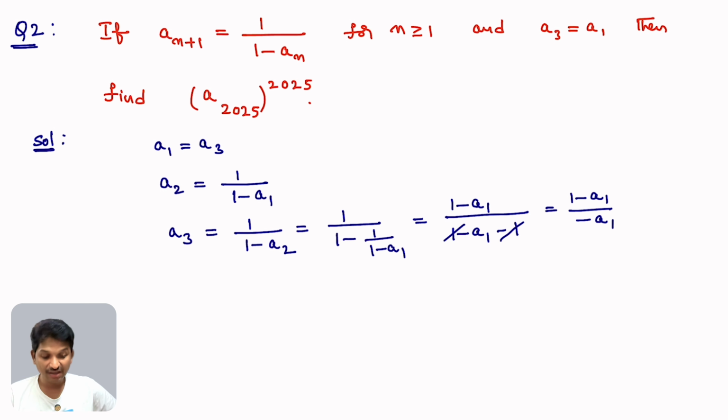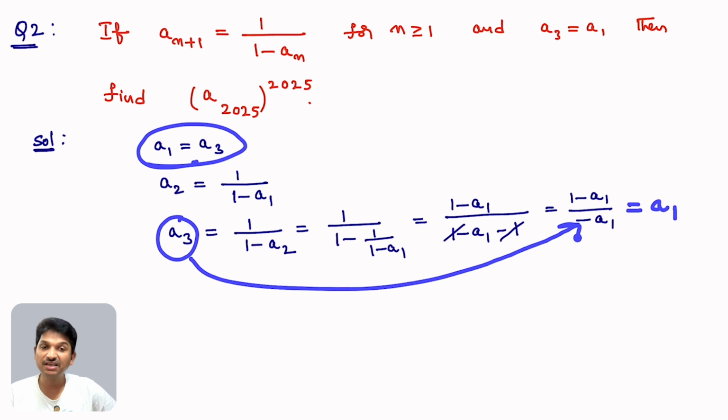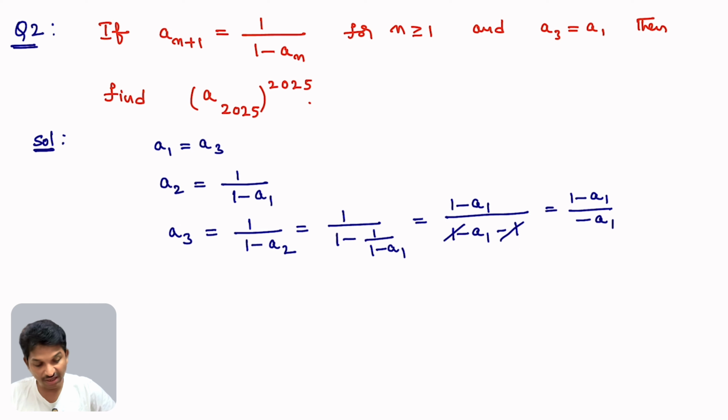In the question, they have given that a3 is the same as a1. So I can equate this to a1. Actually, this is a3 that I got. As they have given a3 is a1, I can equate this to a1, and you simplify this part.